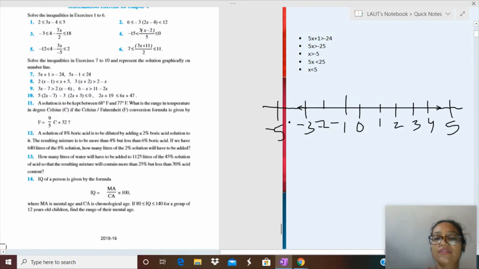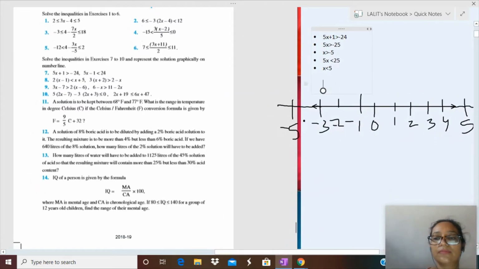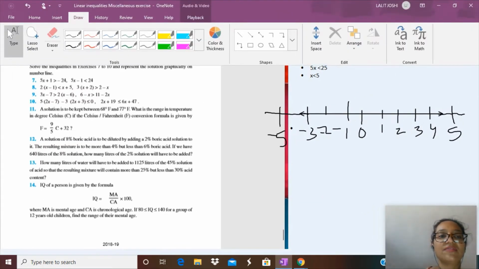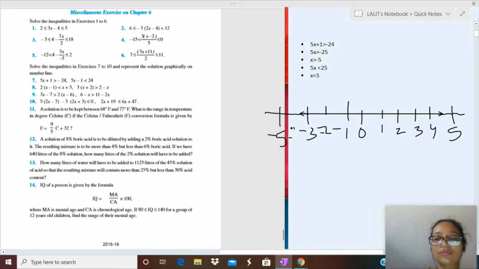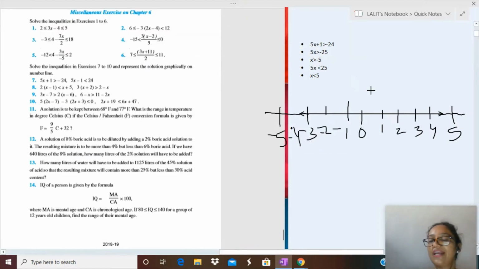So over here we will have minus 4. So this is minus 4 and minus 5, right? Then if I draw the line, it will be like this. So if x is less than 5 means 5 and less.